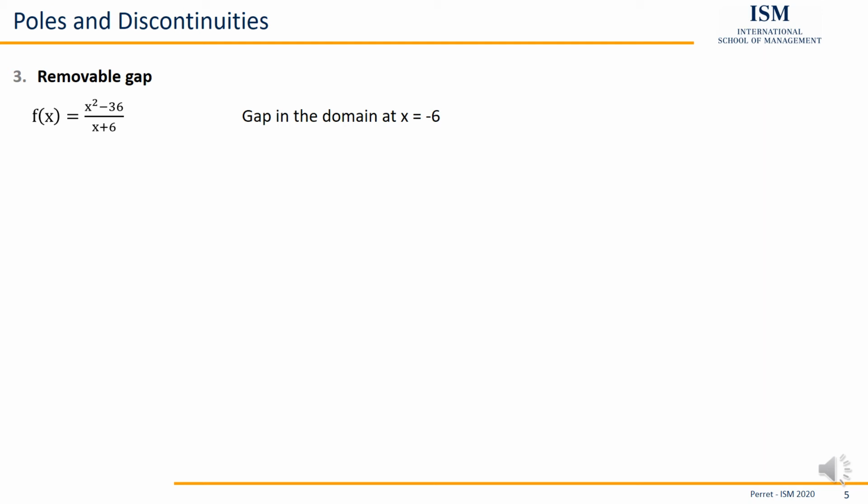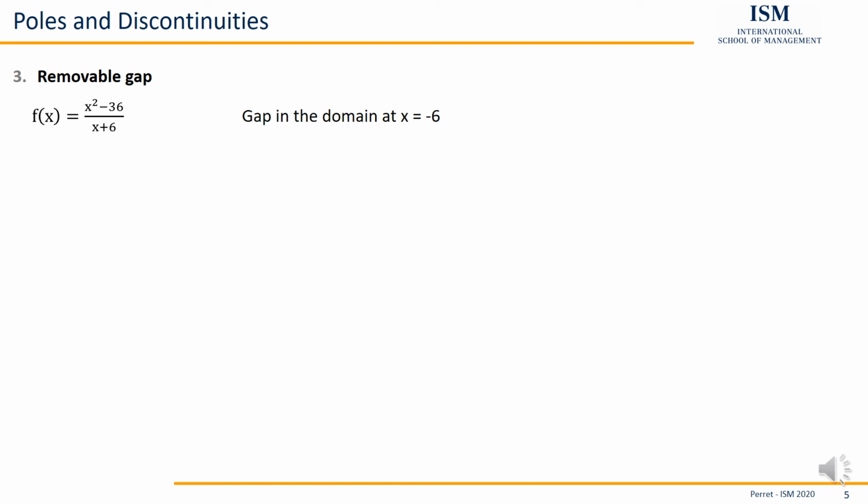But if you look closer, you see that the denominator actually is more or less like a third binomial form, which would translate into (x plus 6) times (x minus 6). Now we can shorten out the x plus 6. So this function could reduce to x minus 6.